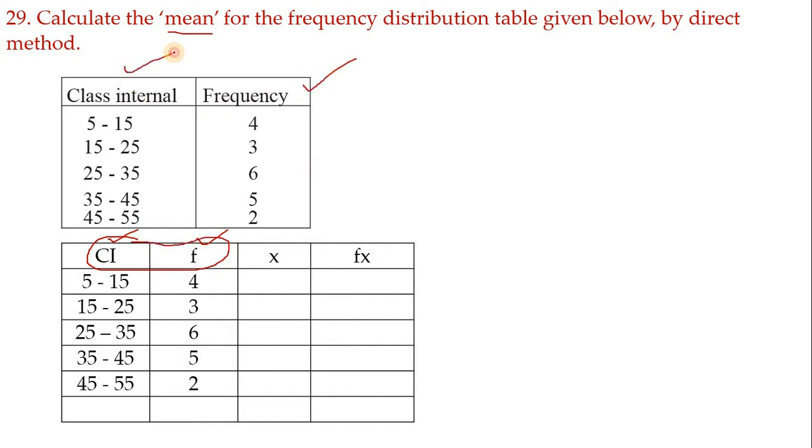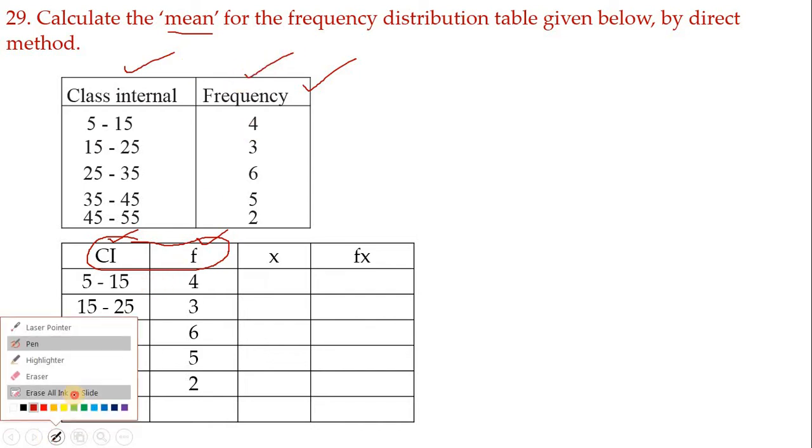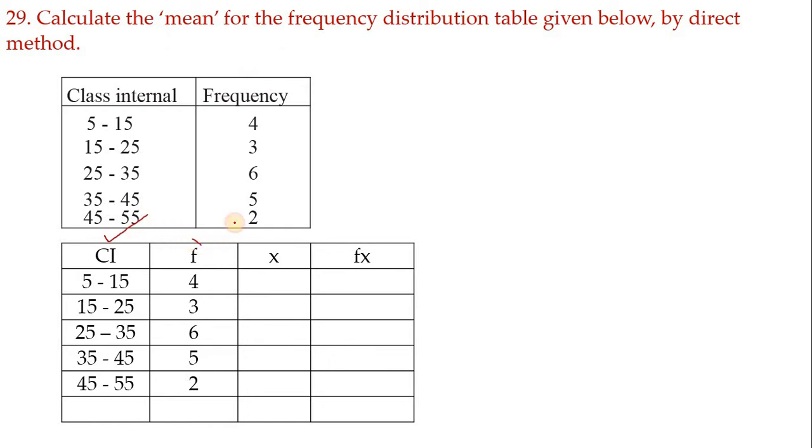See, here there is a class interval and here there is a frequency. The first and second columns are the same columns which are in the table. Next, the third and fourth columns we have to prepare. The third column is for x and the fourth column is for fx.